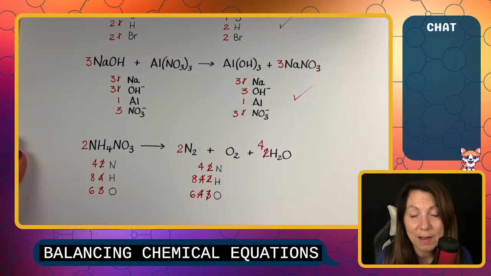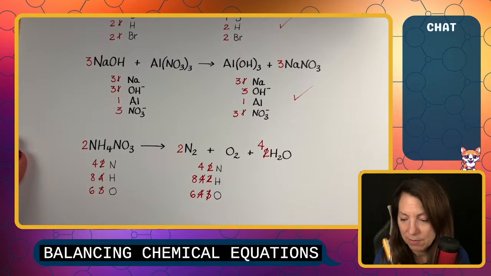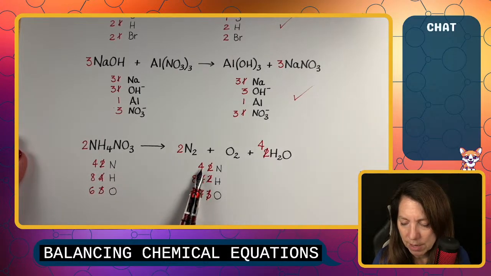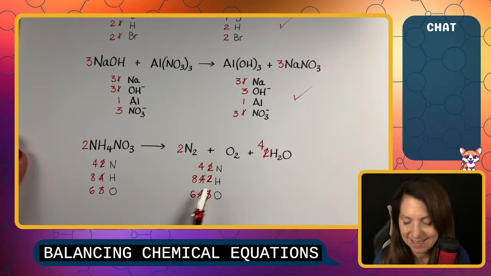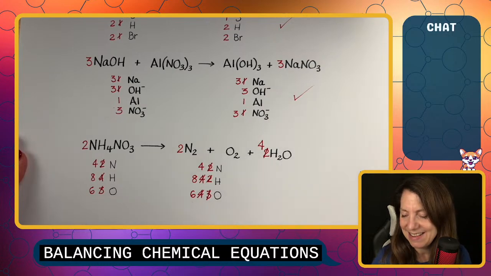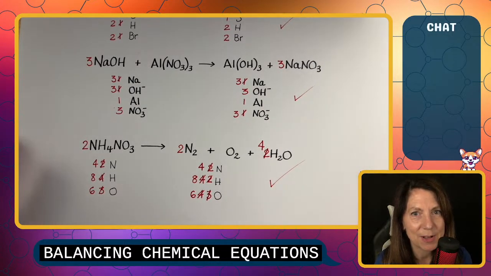It's looking pretty good, but we always double check at the end. Okay, so let's do that double check. We've got 4 nitrogens, 4 nitrogens. Yes. 8 hydrogens, 8 hydrogens. Yes. 6 oxygens and 6 oxygens. Yes, indeed. Check. We have a balanced chemical equation.